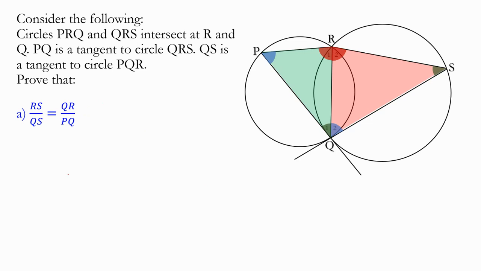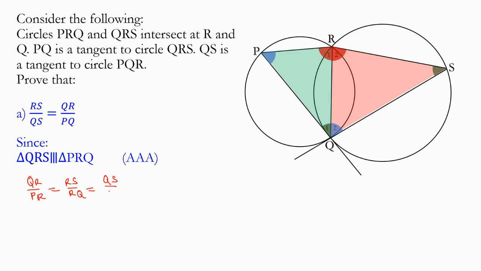We've managed to prove that triangle QRS is similar to triangle PRQ. So now we can say, therefore, QR over PR is equal to RS over RQ is equal to QS over PQ.